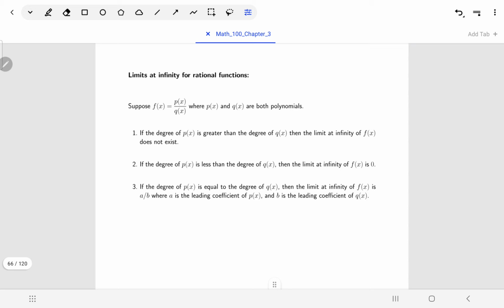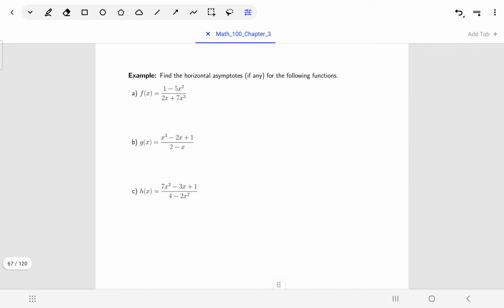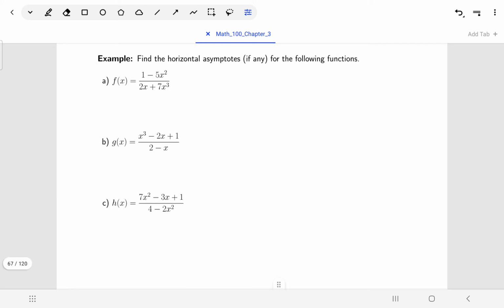So now that we've seen that, we can actually do these limits at infinity for rational functions pretty quickly. If I were looking for the horizontal asymptotes, in other words, the limits at infinity, I would say for f of x, the limit as x approaches infinity, positive or negative, should be 0, and that's because the degree of the bottom is larger than the degree of the top.